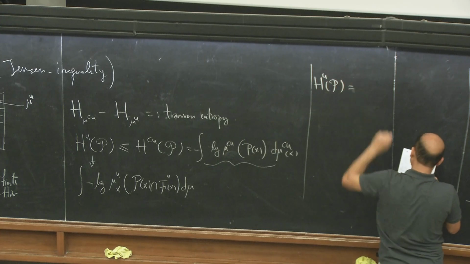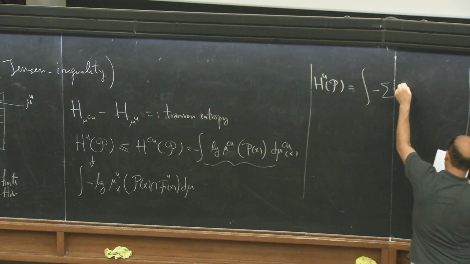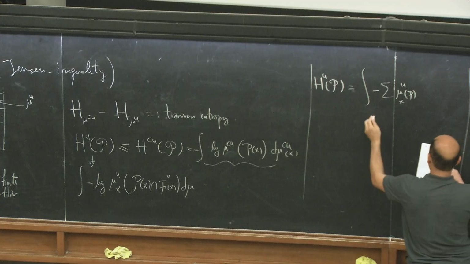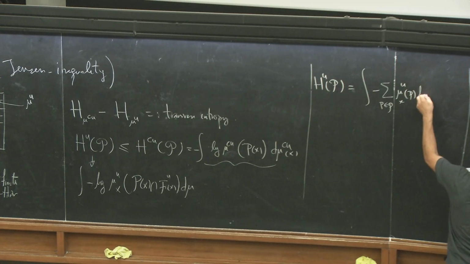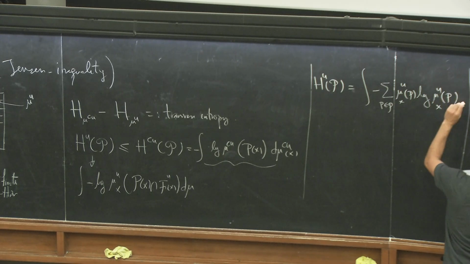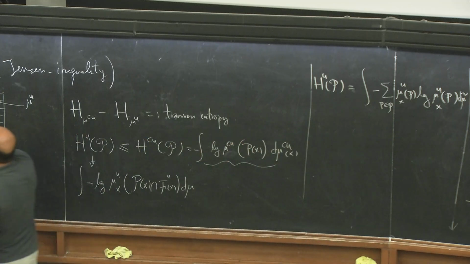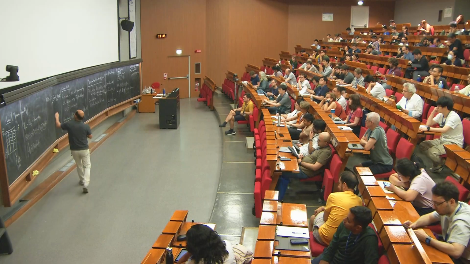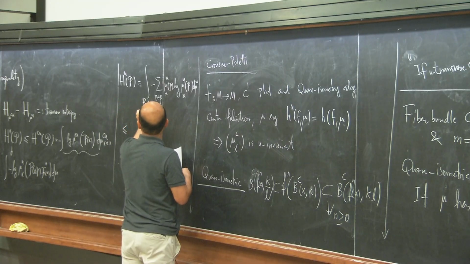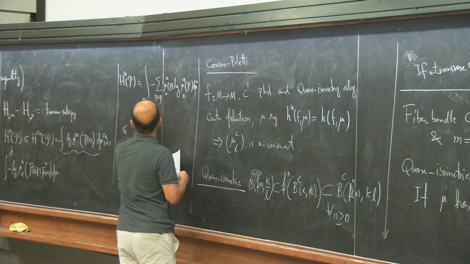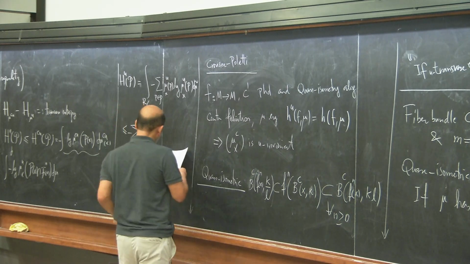The unstable entropy is equal to the integral of minus the sum, over all elements p of the partition, of mu u x of p times the logarithm of mu u x of p, integrated with respect to the quotient measure with respect to the unstable foliation. And by convexity, this integral, defined on the rectangle divided by the unstable plaques, is less than the sum over p belonging to the partition.